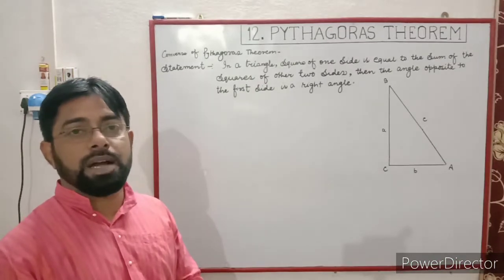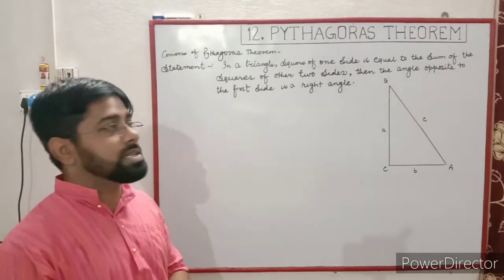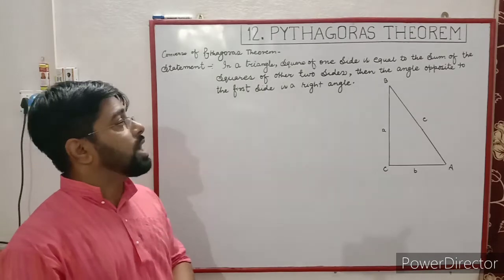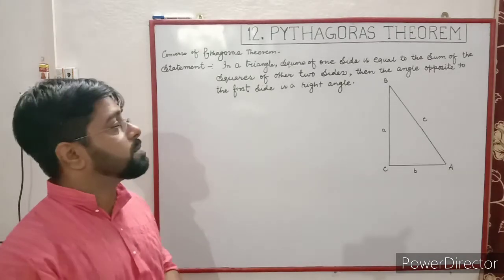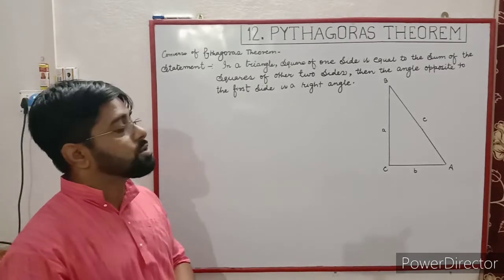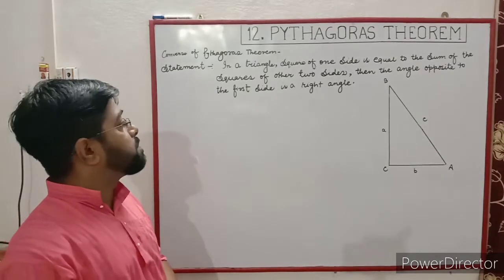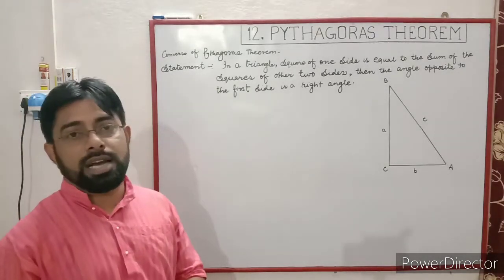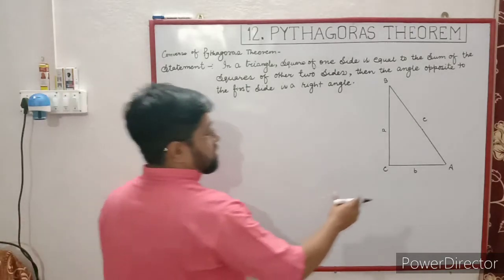Now, converse of Pythagoras theorem. The statement is, in a triangle, if the square of one side is equal to the sum of the squares of other two sides, then the angle opposite to the first side is a right angle. Let's see.